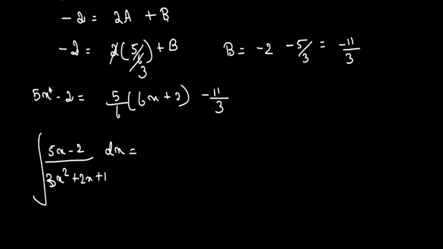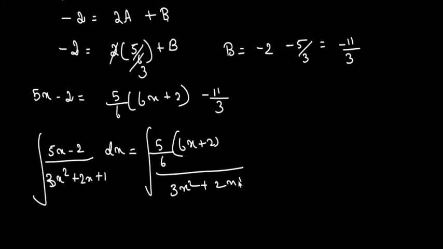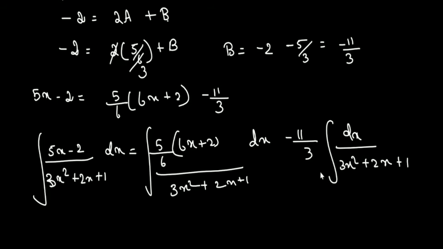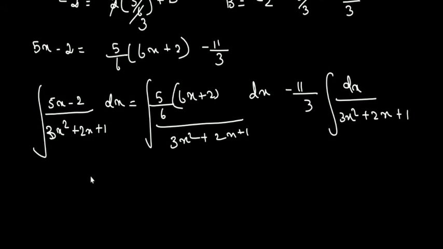You are going to rewrite this as 5 by 6 integral of (6x plus 2) divided by (3x square plus 2x plus 1), minus 11 by 3 integration of dx by (3x square plus 2x plus 1). So we have written this now as a sum of two terms, integral 1, I1, plus I2.